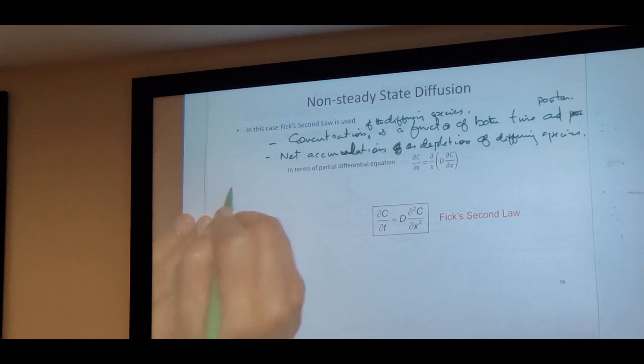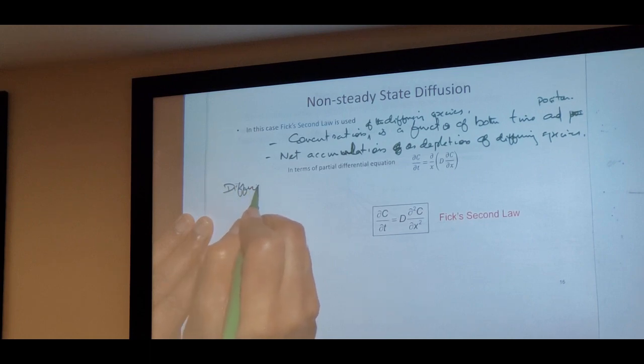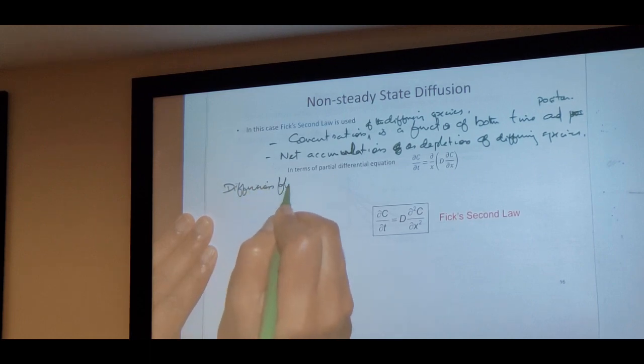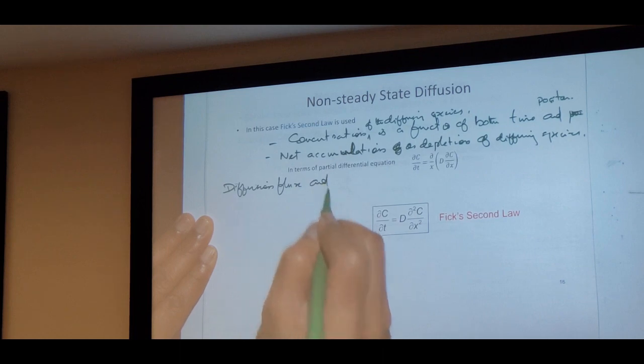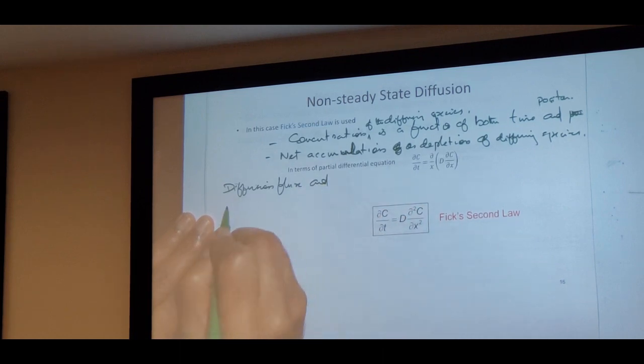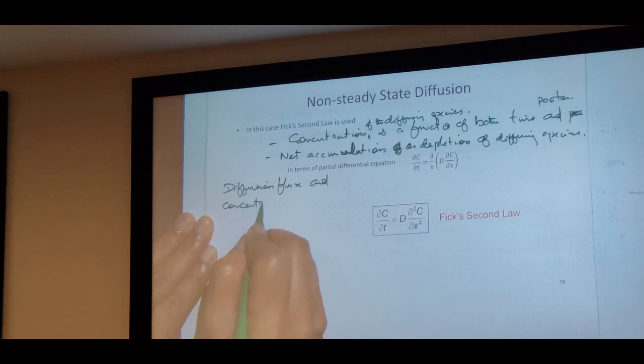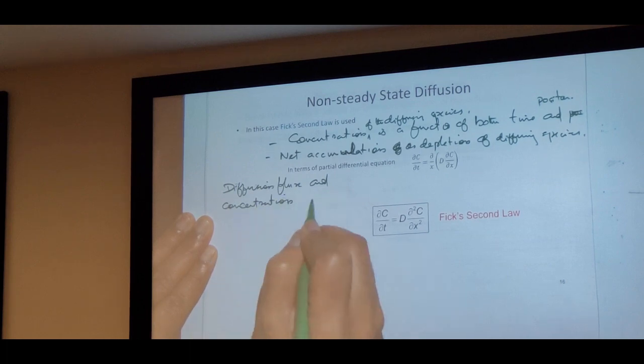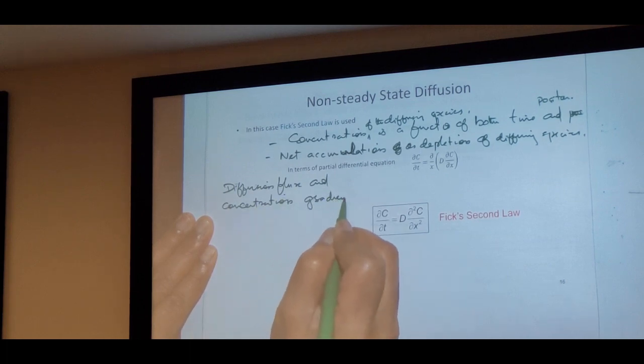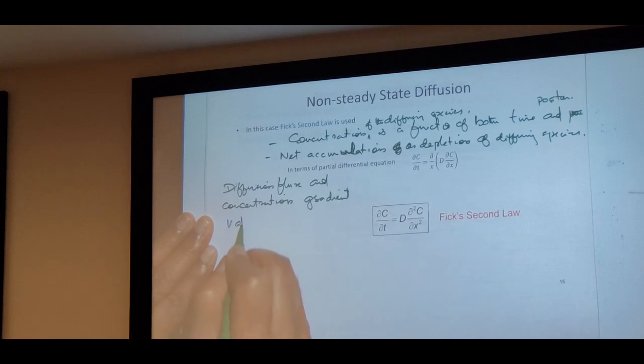So the diffusion flux and concentration gradient vary with time.